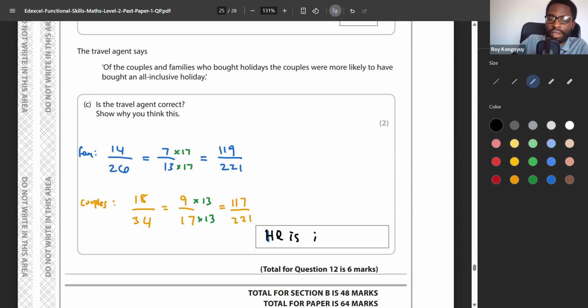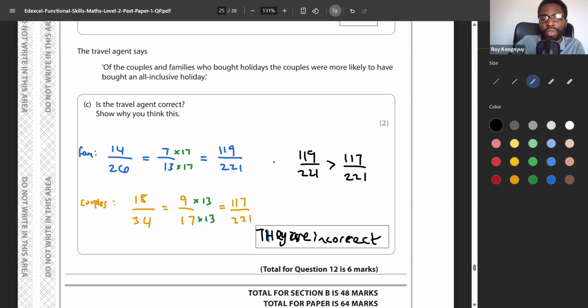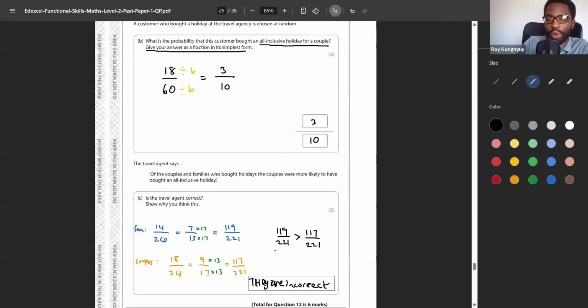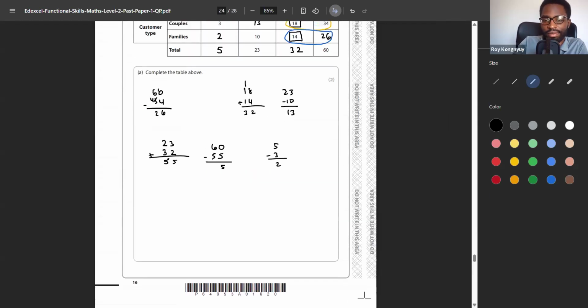They are incorrect. So the probability of a family choosing all-inclusive is actually more than the probability of a couple choosing all-inclusive. It's a very subtle question. Very easy to miss the mark here. So yeah, that's how you answer this.